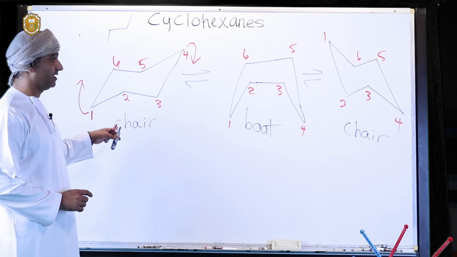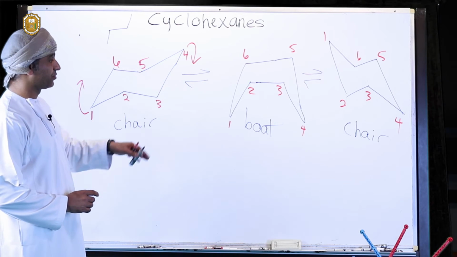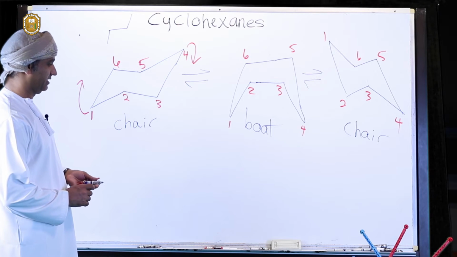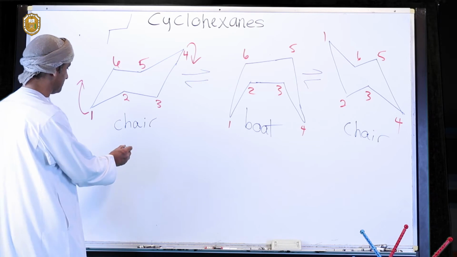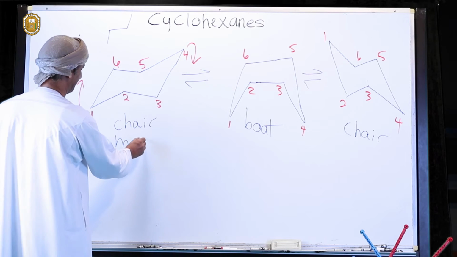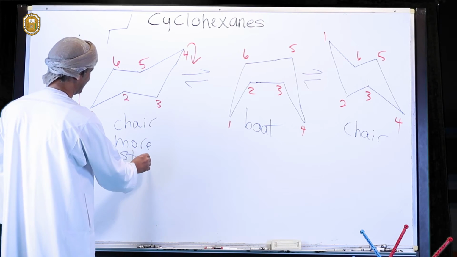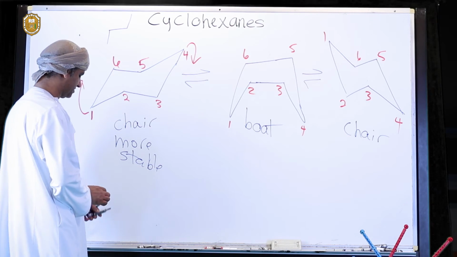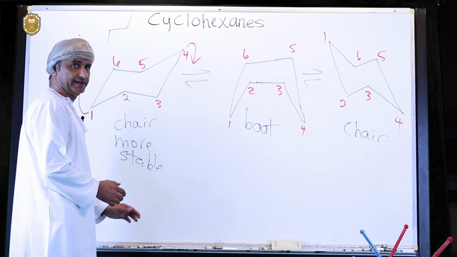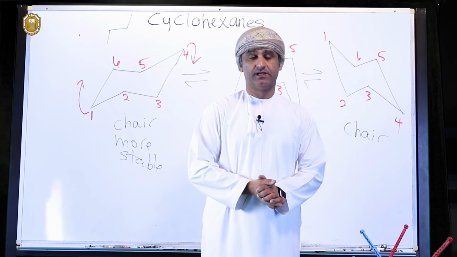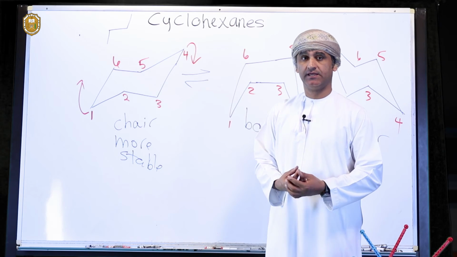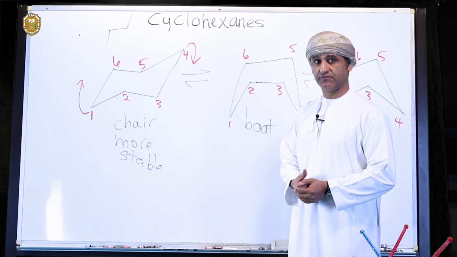So from one chair to another chair, we go through a boat conformation. And of course, remember the chair conformation is more stable because it has less strain, less energy, and therefore it is more stable.